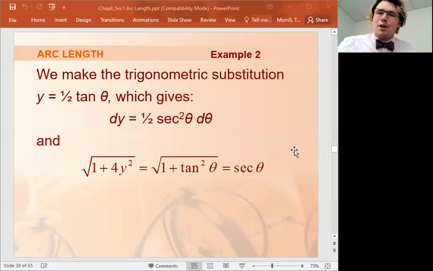So this integrand, root of the quantity 1 plus 4y squared, must be the square root of the quantity 1 plus tangent squared of theta. Well, 1 plus tangent squared of theta is secant squared of theta. And if I'm going to take the square root of secant squared of theta, I had better get a secant of theta. Well, cool. That's looking good.